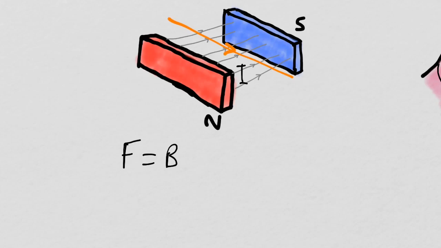So F equals B, magnetic flux density, times the current carried by the wire, times the length of the wire. So F equals BIL.